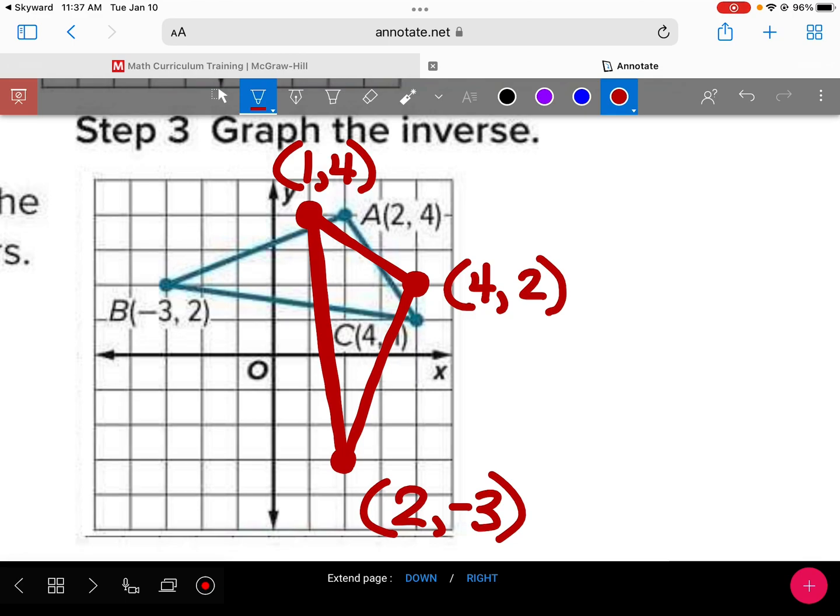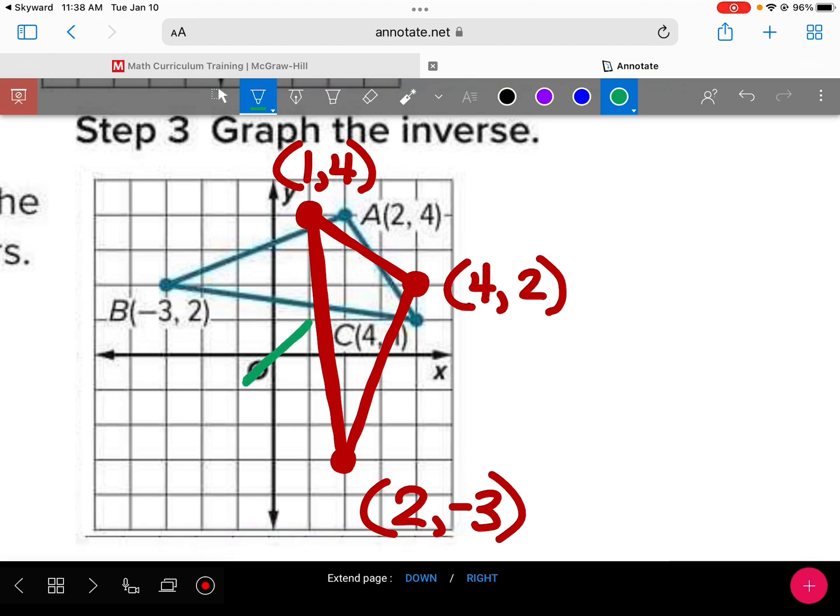Did they take this triangle and reflect it down over the x-axis? That's not what I'm seeing. Did they take this triangle and reflect it this way over the y-axis? No. But it is a reflection, because you guys agree it looks like a very similar triangle. It's just somehow different on the page.